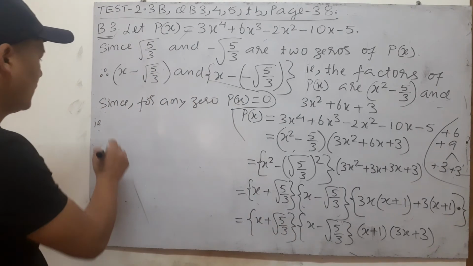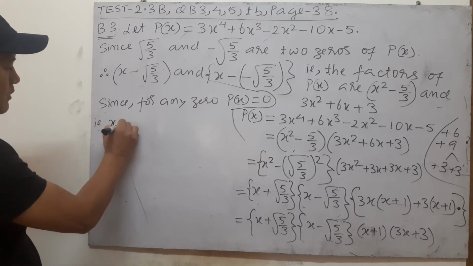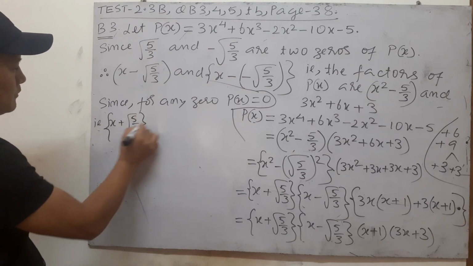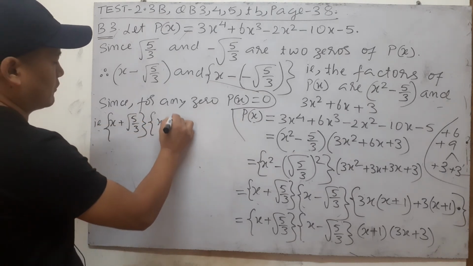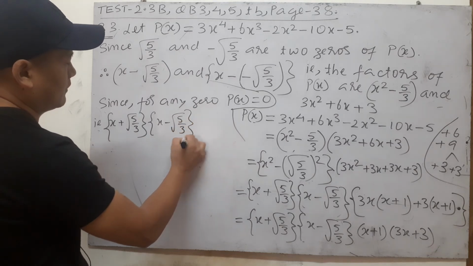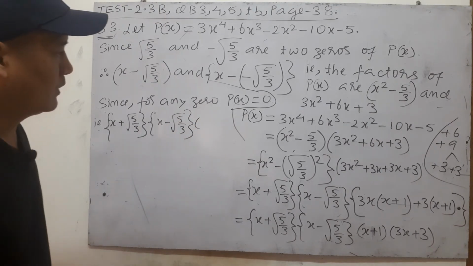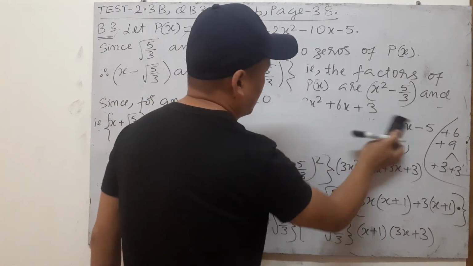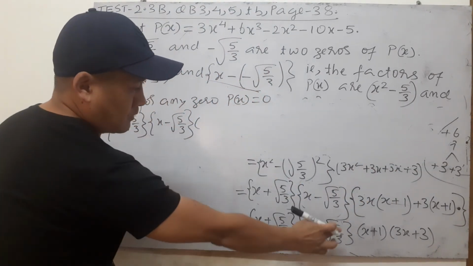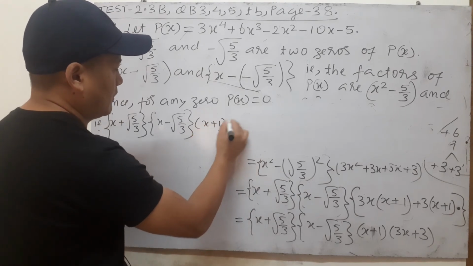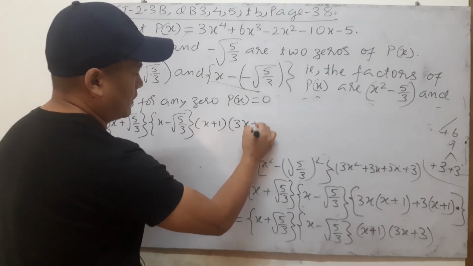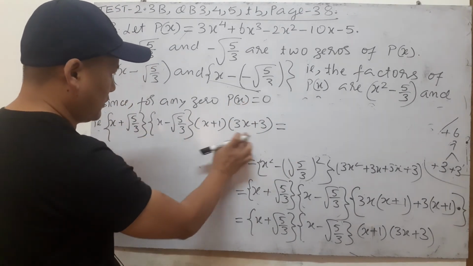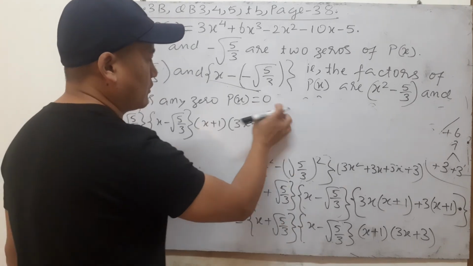So you can write x plus root 5 by 3 into x minus root 5 by 3 into x plus 1 into 3x plus 3 equal to 0.